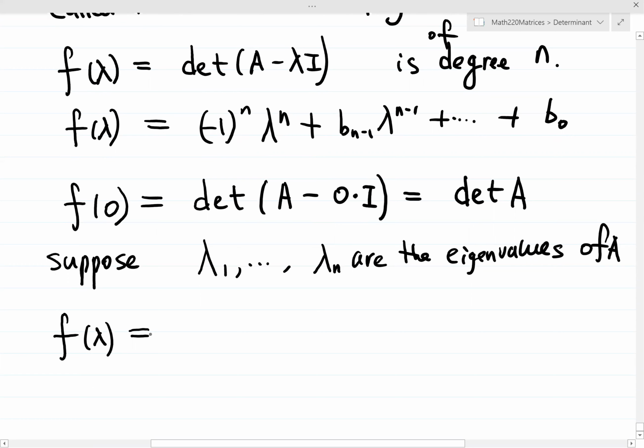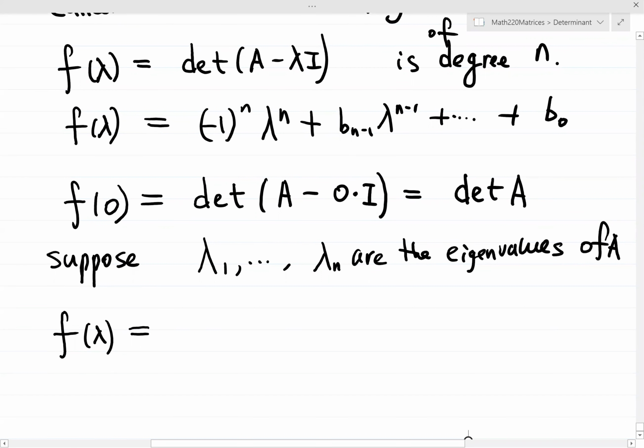The eigenvalues are the roots of the characteristic polynomial. So if you know all the roots of a polynomial and know the highest coefficient, then you can factor a polynomial as a product over its roots. So you get the product of (lambda i minus lambda), i from 1 to n.